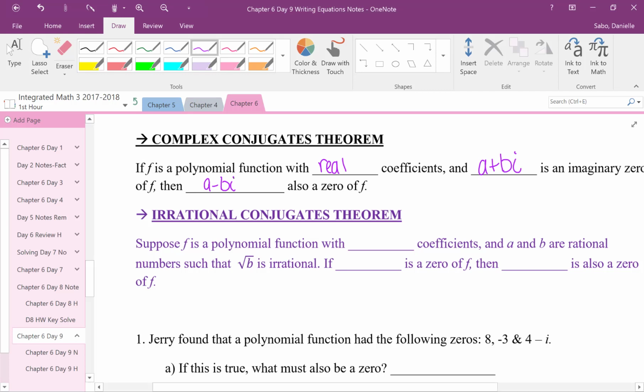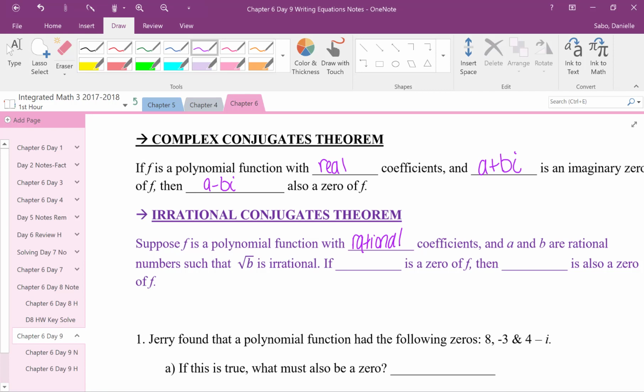Then we talk about irrational conjugates. Remember, irrational numbers are numbers that can't be written as a fraction, like pi, 3.1415926. Suppose f is a polynomial function with rational coefficients, and a and b are rational numbers, such that radical b is irrational.